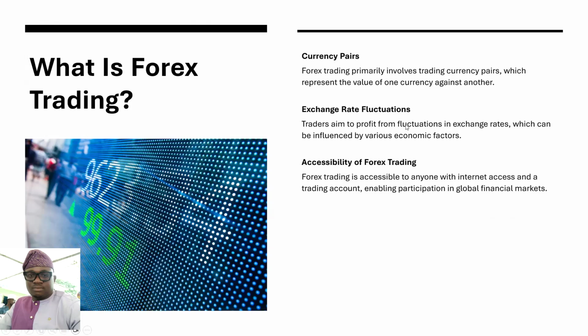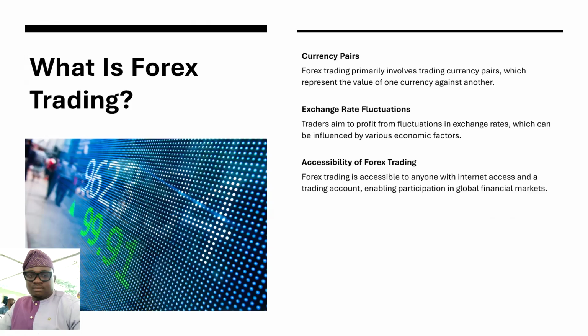Exchange rate fluctuations, and this is where we make money in forex trading. The prices of those currencies are not always flat. They are fluctuating here and there, and the fluctuation brings about the differences that we really want to capitalize on.